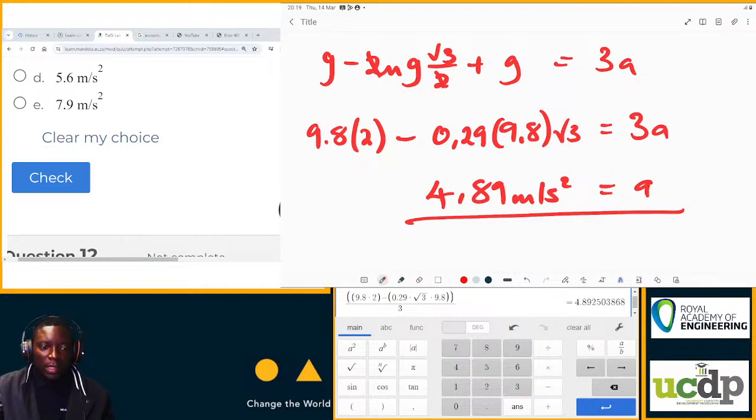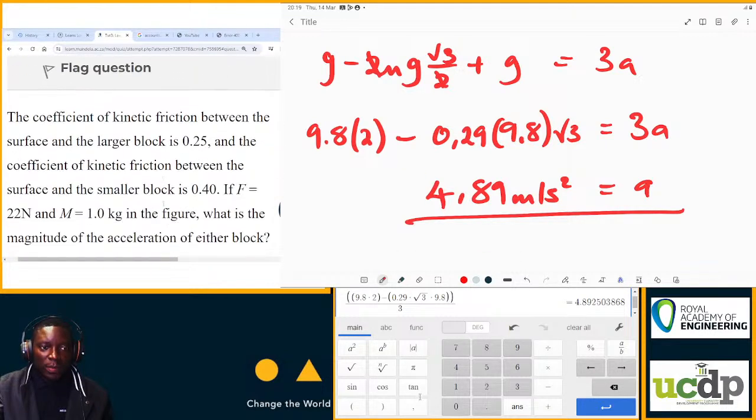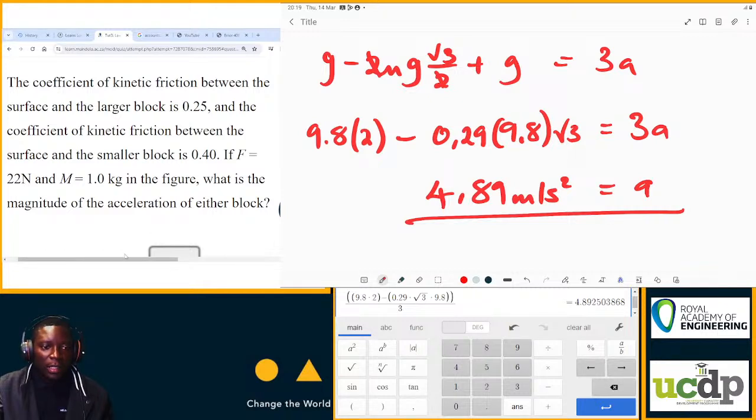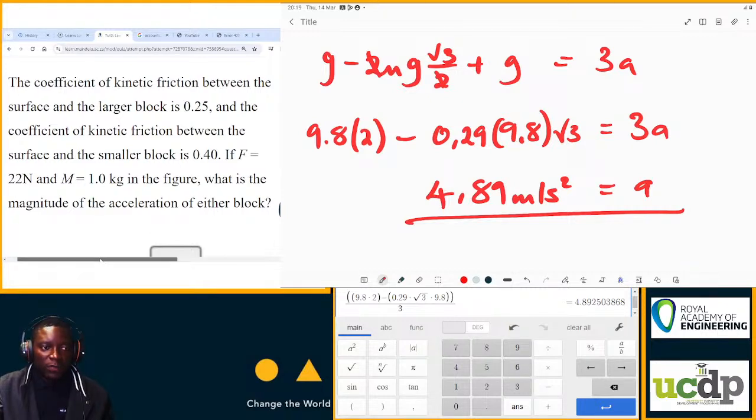Okay, so that's it about that question. Let me scroll down to the next question, number 12. It says something about the coefficient of friction again.